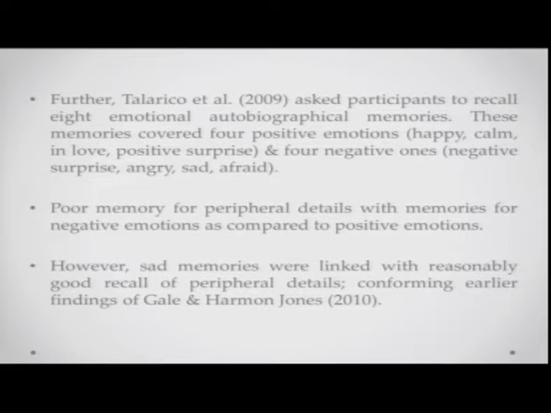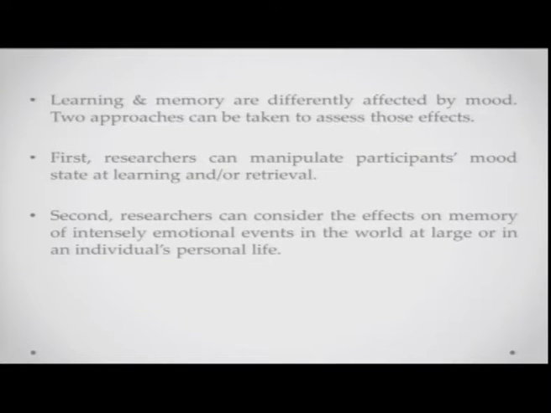Obviously sadness is also a negative emotion, but compared to the other negative emotions evoked here, negative surprise, anger, and fear, sadness actually led to better recall of these peripheral details. So that is one difference you can make: among the negative emotions, this is one that still maintains your recall of peripheral details.